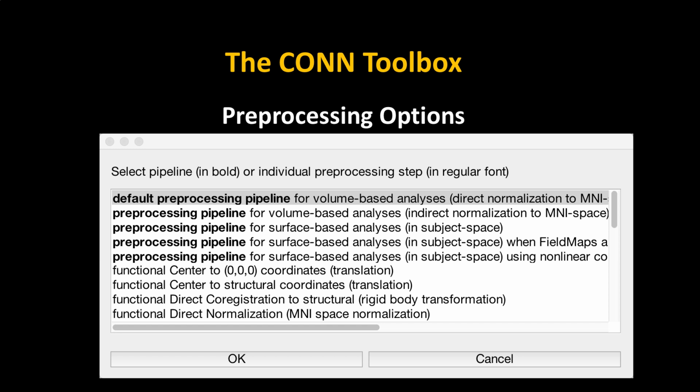For the preprocessing pipeline, does anybody analyze their data in FreeSurfer? Just as a matter of course. Okay. Well, if you do, at some point, you may enjoy this, but it allows you to do all the preprocessing on a surface. So if you did run everything through FreeSurfer, you have a different surface per subject. FreeSurfer parcellates the gray matter into different nodes and also has some subcortical structures as well. It can run everything on that surface.